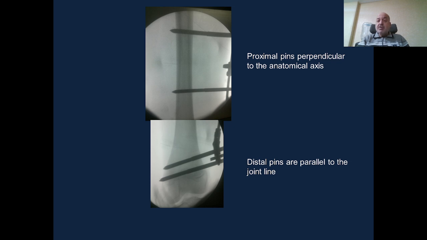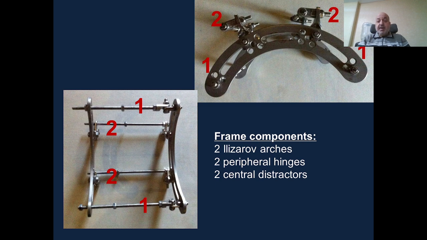However, the proximal pins are inserted perpendicular to the anatomical axis, because if you try to insert them perpendicular to the mechanical axis, it is technically difficult and you will have your pins in an oblique direction on the femur. So we insert them perpendicular to the anatomical axis, and at the end, the proximal and distal pins will not be parallel to each other. This is our frame.